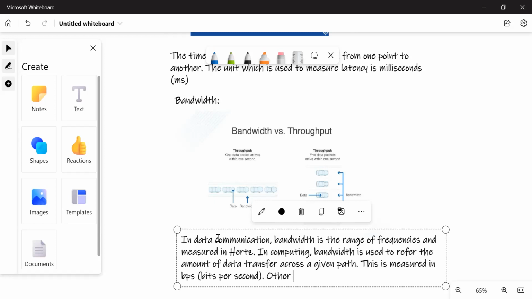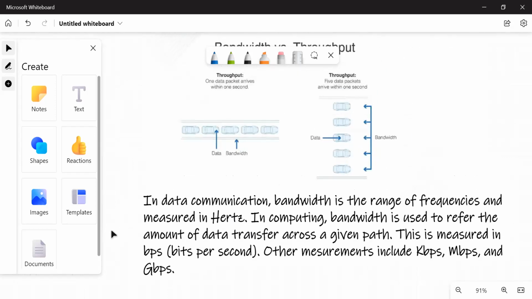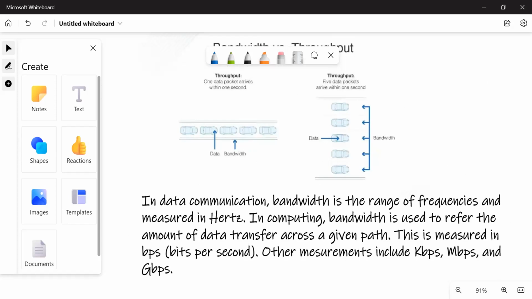Other measurements include kilobits per second, megabits per second, and gigabits per second. So when it comes to computers, this is how we measure; in communication, we usually use hertz.